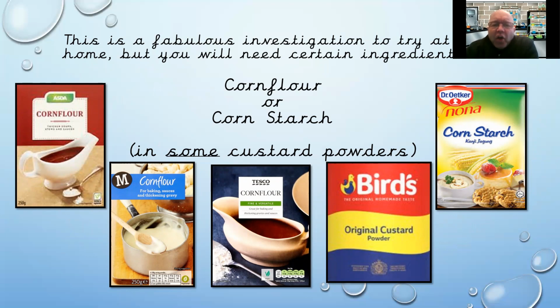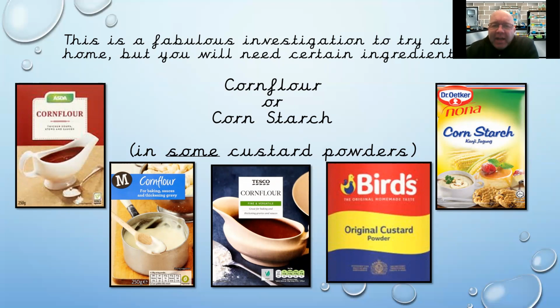So you're going to need corn flour or cornstarch. To be totally honest, corn flour is probably going to be easier to find over here in the UK. Cornstarch tends to be something more popular in America. So corn flour or cornstarch, and there's actually some custard powders out there that contain corn flour, but you need to read the label.